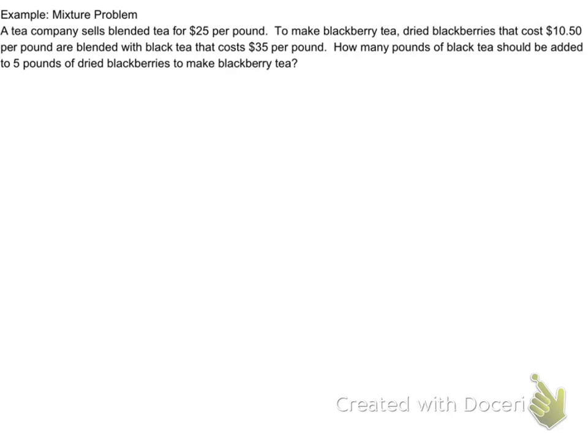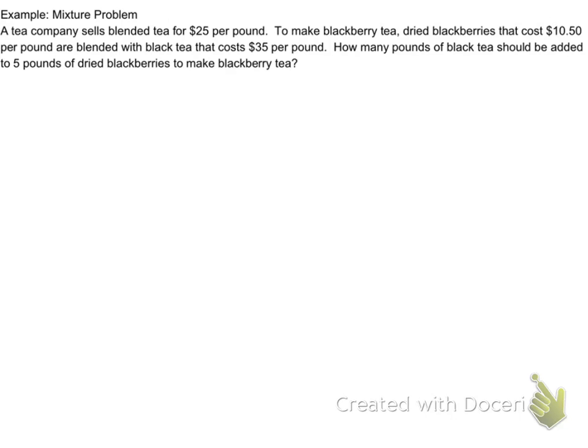Now, let's think of this. The blackberry tea is $25 per pound. That is made up of 2 other things: blackberries and black tea. Right? Kind of makes sense, blackberry tea. Blackberries are relatively cheap at $10 a pound for this particular problem, compared to the final result.